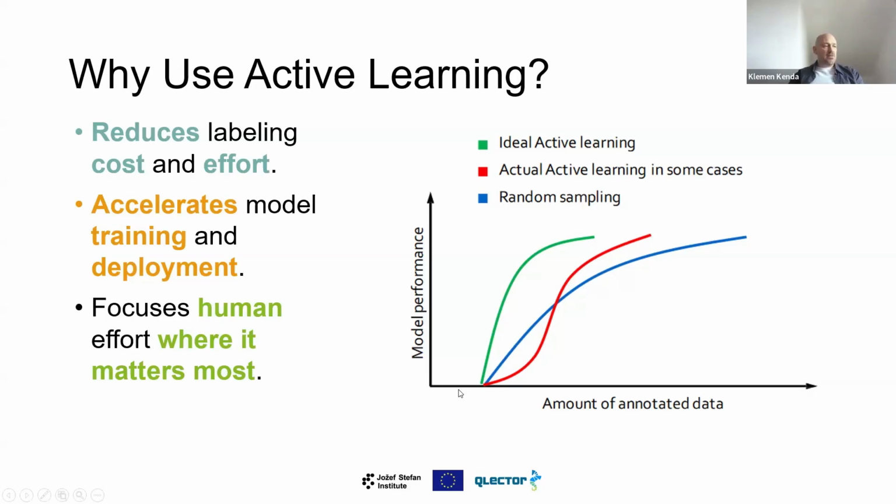Usually we are dealing with this. Quite often it also happens that we see no big differences between the random sampling and our active learning strategy. The whole idea here is that we focus the human on the parts of the data set where their input would give us the most value.